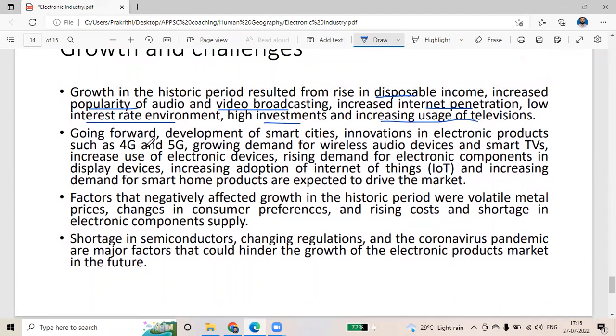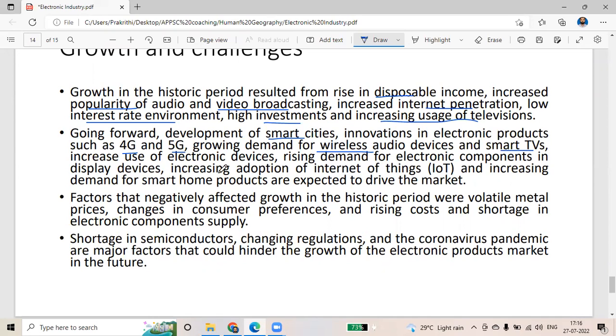So that includes development of smart cities, innovations in electronic products like 4G, 5G. So the internet that was there earlier has developed day to day. Then wireless audio devices, smart TVs, these are recently available to us. I am sitting in a room and taking class for you people who are sitting somewhere else.